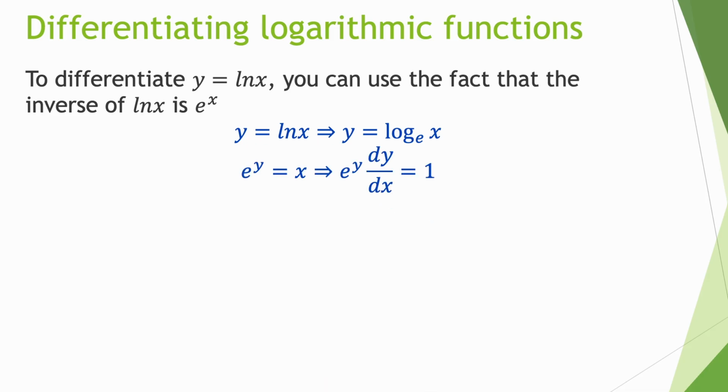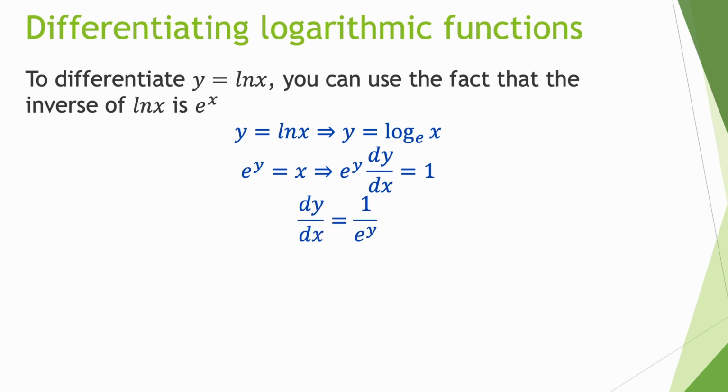If we rewrite it in this form, we have e to power y is equal to x. Differentiating e to power y, we get e to power y dy by dx, and differentiating x, we get 1. So the expression becomes e to power y dy by dx is equal to 1.